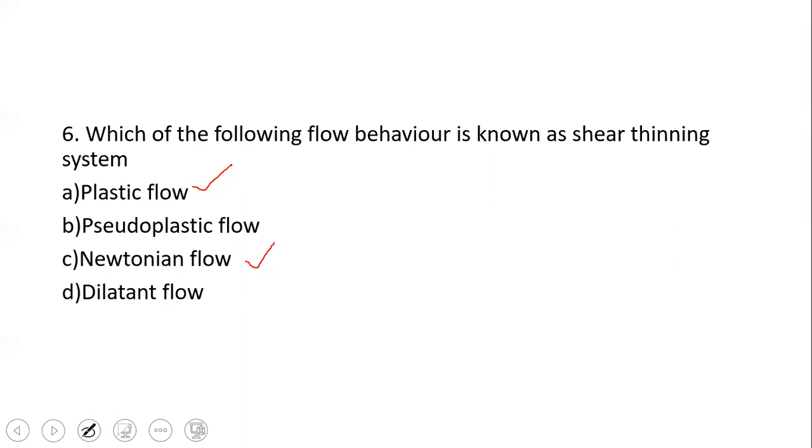Pseudoplastic flow is otherwise known as a shear thinning system. That means whenever stress is applied to the system, viscosity decreases. In a shear thinning system, viscosity gets reduced. That is known as pseudoplastic flow or a shear thinning system.